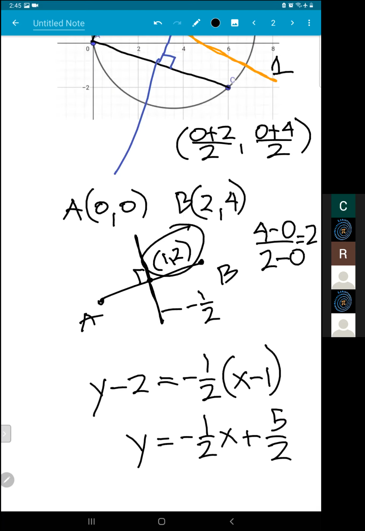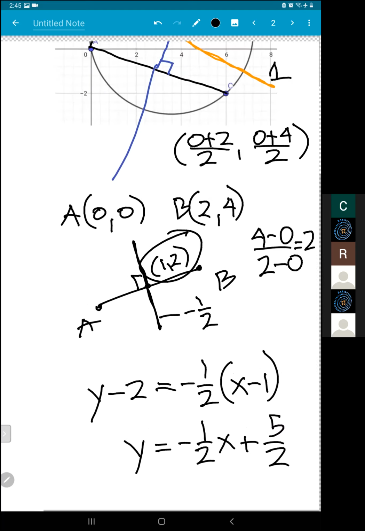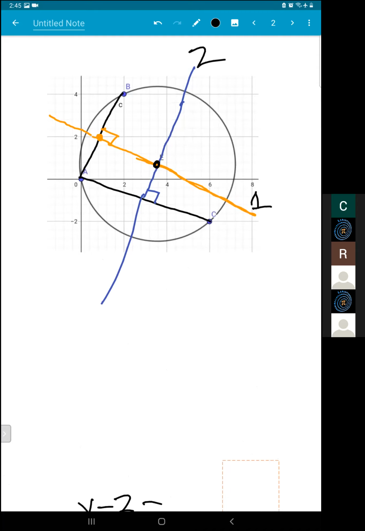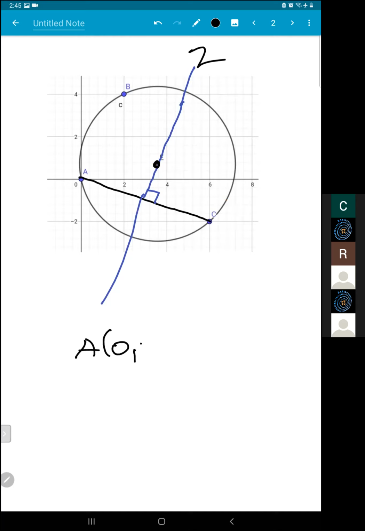Okay. Then you do it also for the other one, for the blue one now. A has coordinates 0, 0.